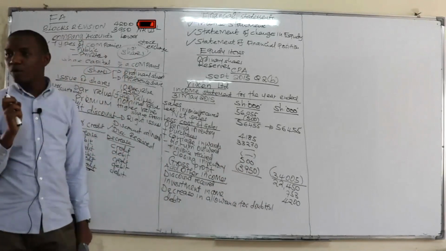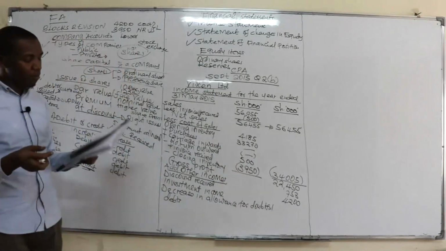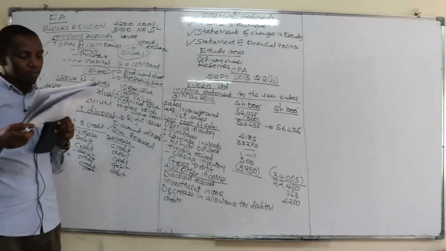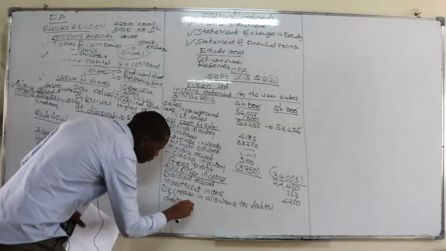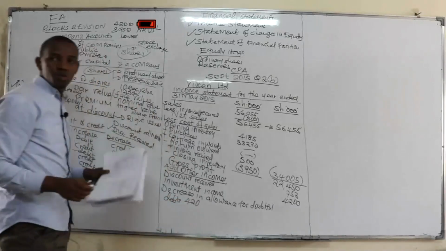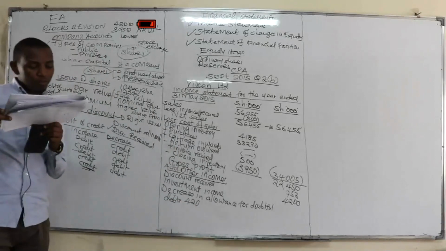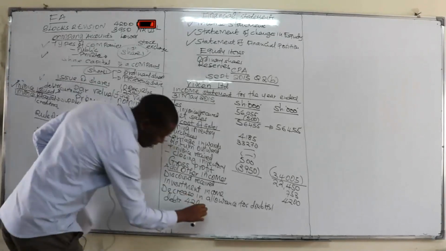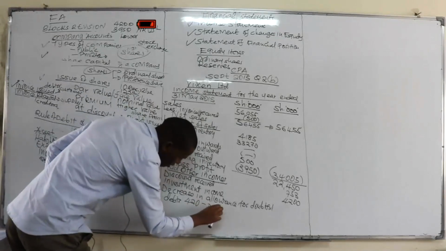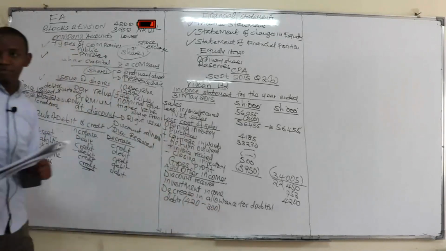A decrease will be income. Why? For example, on our case from the trial balance, allowance for doubtful debts was 420. But on additional information number 4, it was adjusted to how much? 300. On additional information number 4.